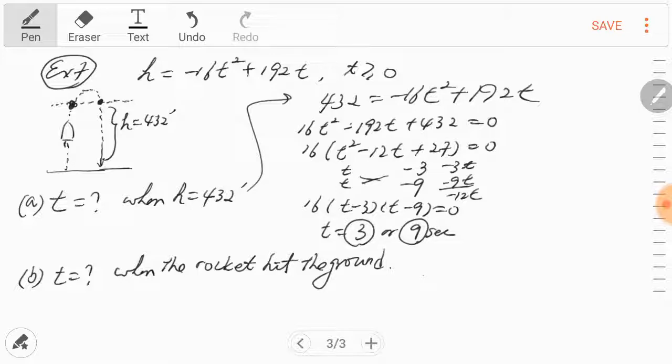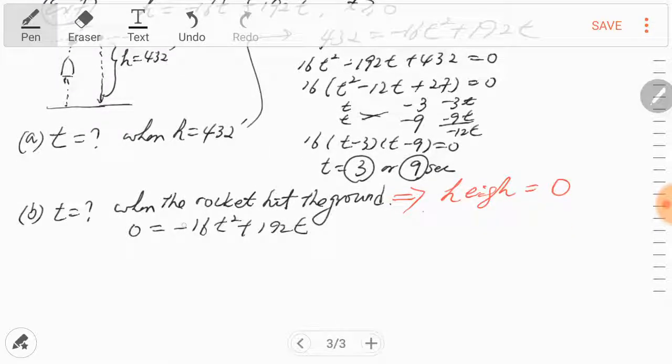Okay, the next question is how long will it take for the rocket to hit the ground? That means once the rocket hits the ground, the height between the rocket and the ground is 0. So we just set h equal to 0. Then the equation is 0 equals negative 16t squared plus 192t.